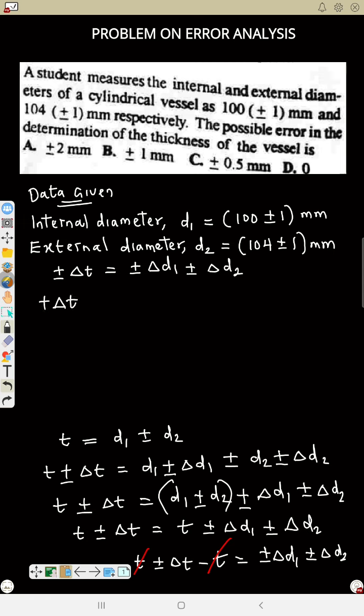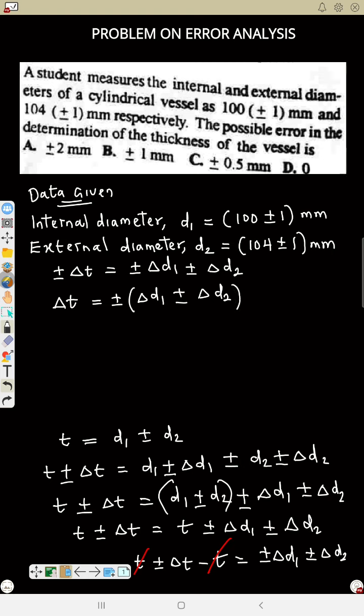I'll consider the positive. So that means the T will be equals to, here we can have plus or minus delta d1, that is absolute error in the measurement of the internal diameter, plus or minus absolute error in the measurement of the external diameter.